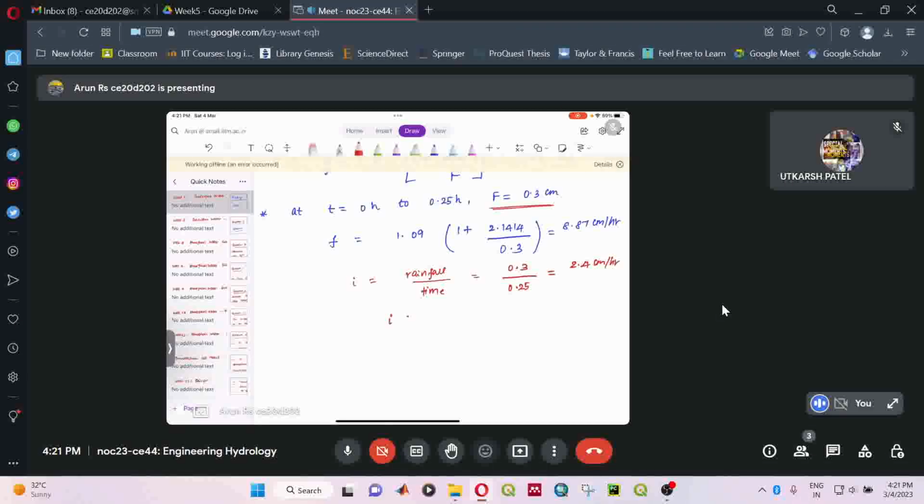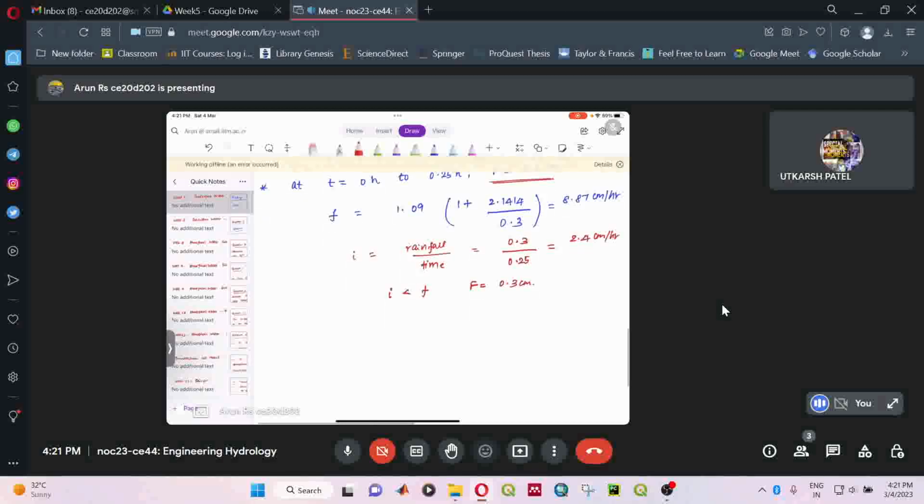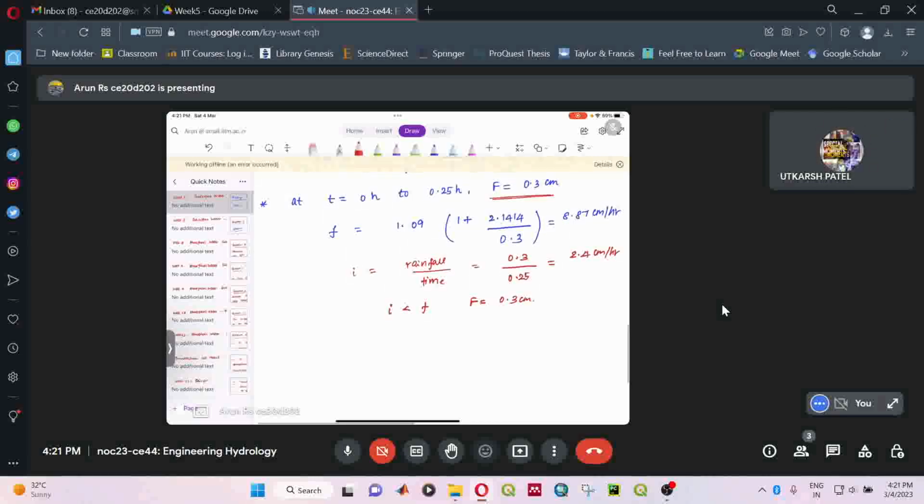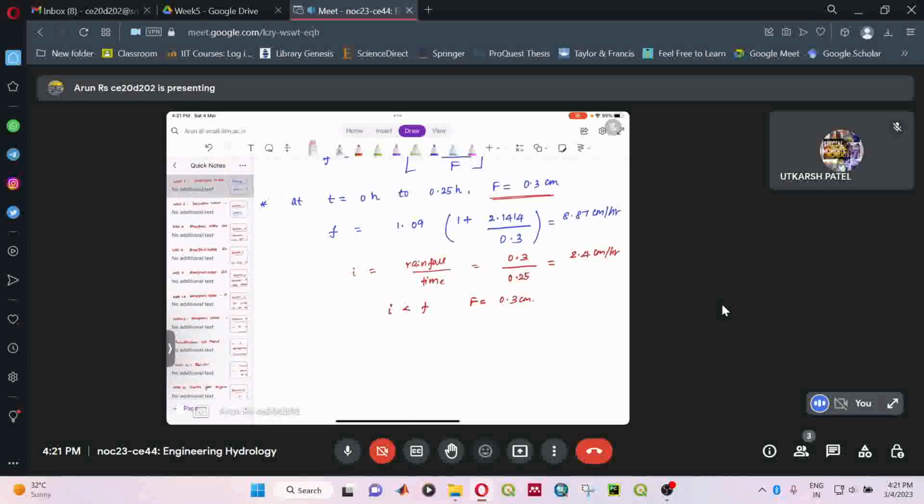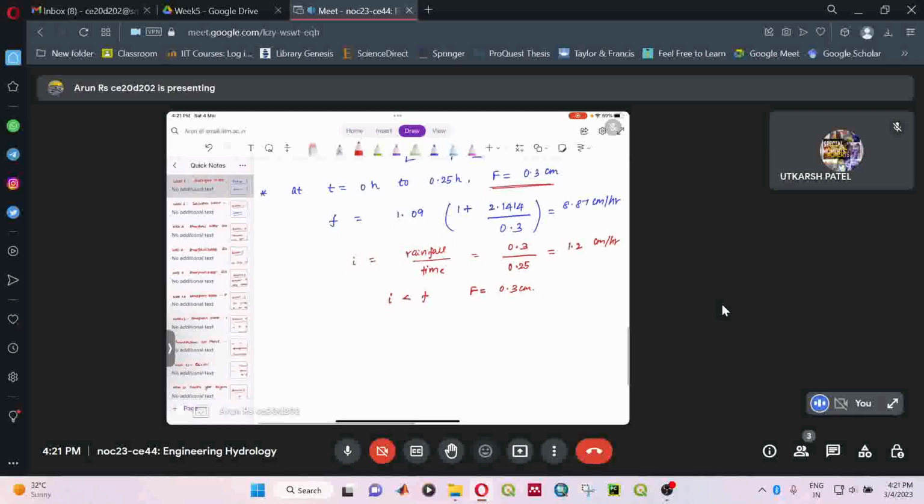Sorry, I first said 2.4, but it is 1.2. Your rainfall intensity is less than the potential infiltration rate. So F is equal to 0.3 centimeter only in the first time step.